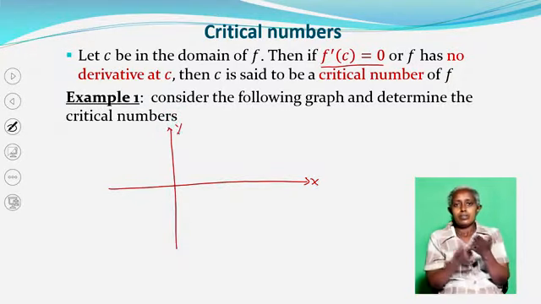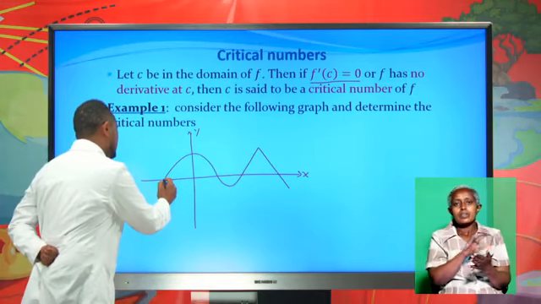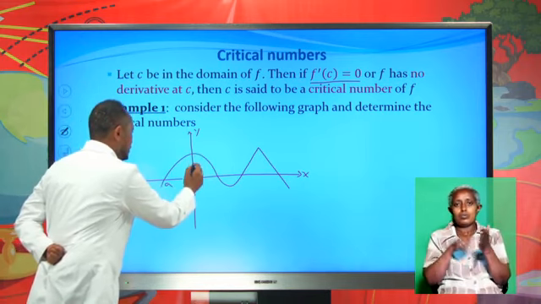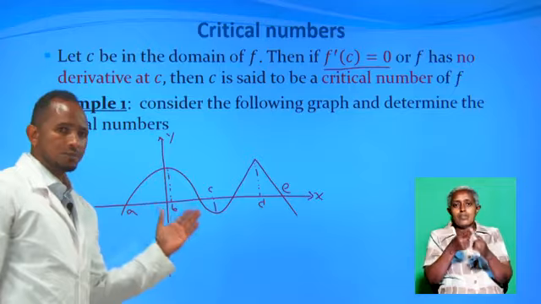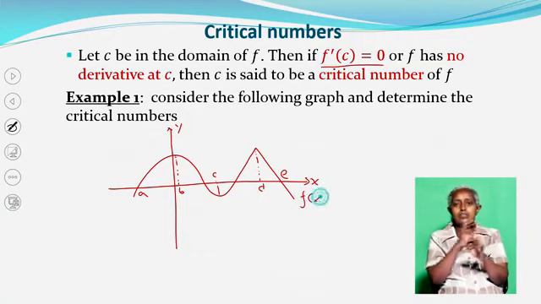If we have this graph and these different points, assume this point is A and this point is B and this point C and this point D and E. From these points, which ones will be the critical numbers for this function f of x? Assume this function is f of x.